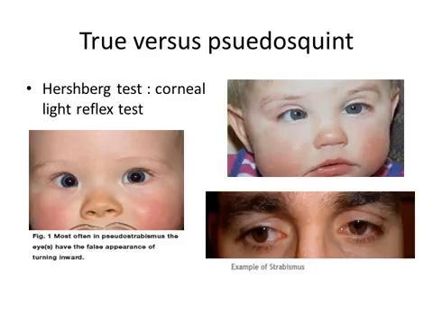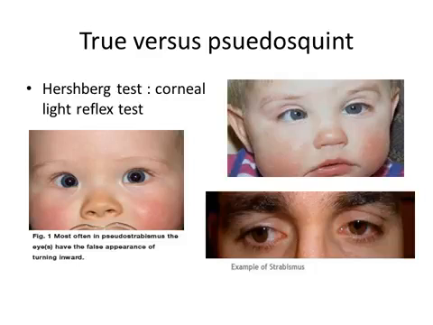His right eye looks esotropic because there is a large epicanthic fold, especially on the right side, covering the medial aspect of the eye, giving an impression that there is right esotropia. While doing the corneal light reflex test, the reflexes are symmetrical and central.